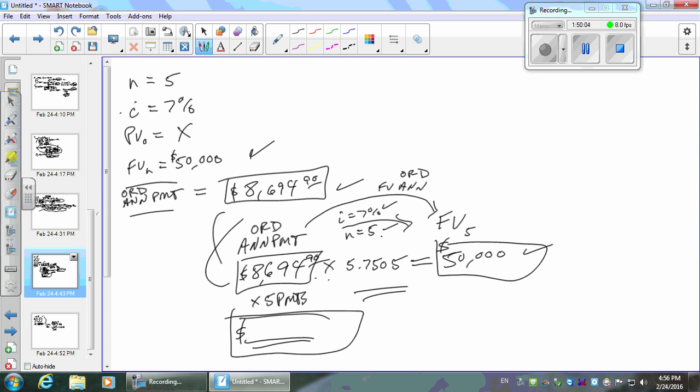What do you get? 43,000, 471? 7. Okay, how much interest do you earn here? This is how much you deposit, right? 43,000, almost 500. This is how much it's worth at the end. How much interest did you earn? You got it. Everybody agree? That's what happened.